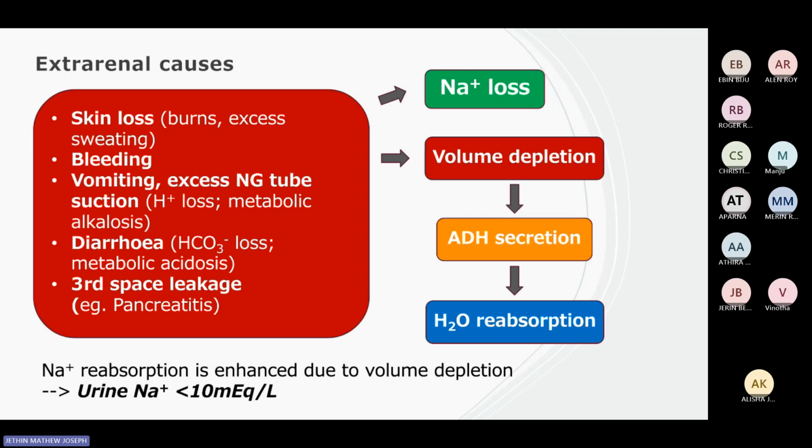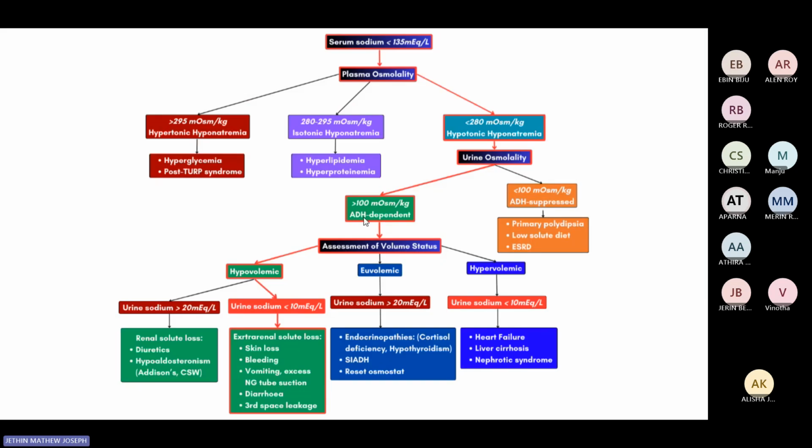So in the initial stages of vomiting you can have a high urine sodium, but once the vomiting settles, urine sodium is generally low. In extrarenal causes, urine sodium will generally be less than 10. So we've covered hypovolemia, where urine sodium is high and where urine sodium is low. Low urine sodium means that there is extrarenal solute loss.